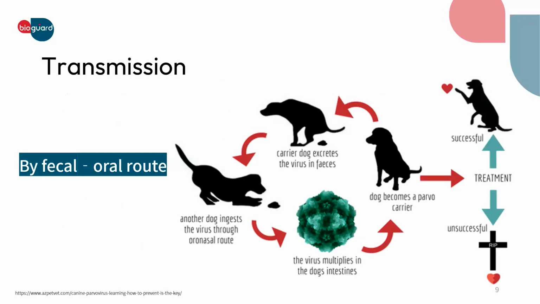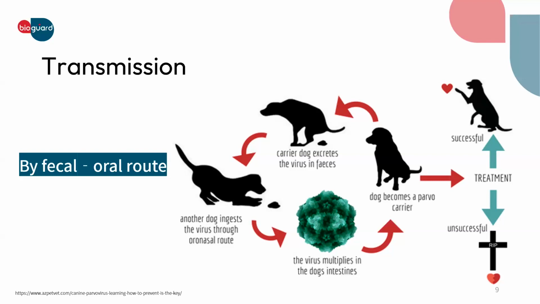So seeing the prevalence of this virus and its survival rate, the transmission of the virus into the dog's body is also very easy. It basically enters through the oral route. When a dog is outdoors or even indoors, if the area is not properly disinfected, the virus can enter the dog through its oral cavity, and then it starts dividing in the body, and after a few days it can be shed through the feces.